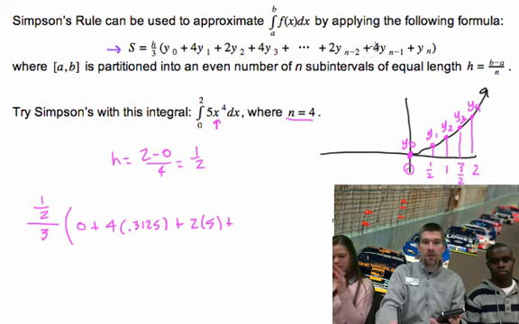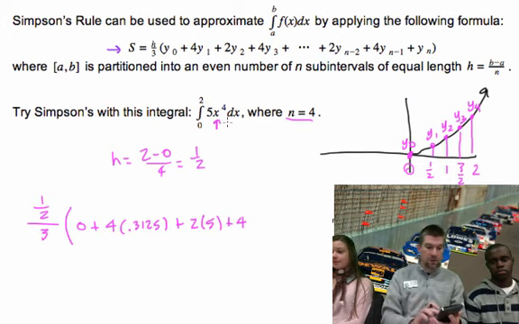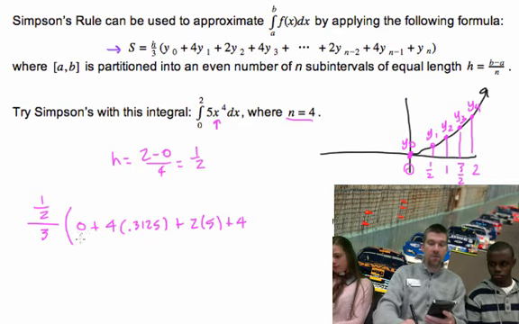Plus, and then I'm over here now, 4 times y3. Put 3 halves in here for x, so 5 times 3 halves to the 4th, times 5, and that's going to be 25.3125.